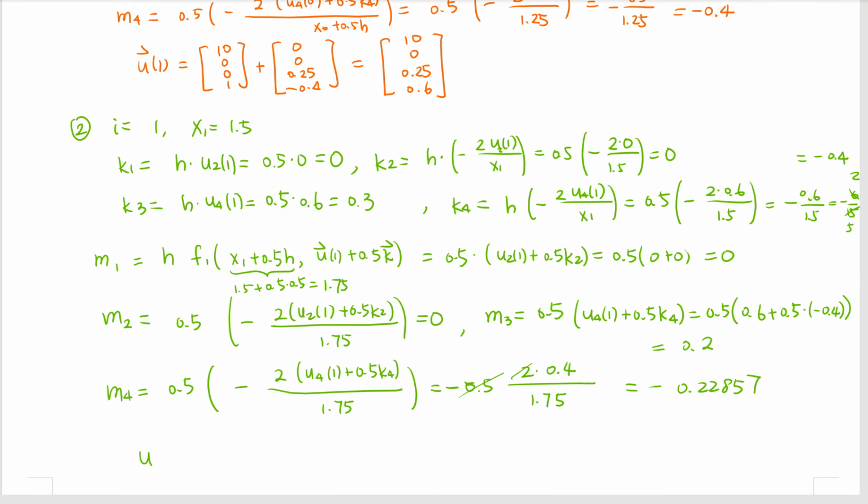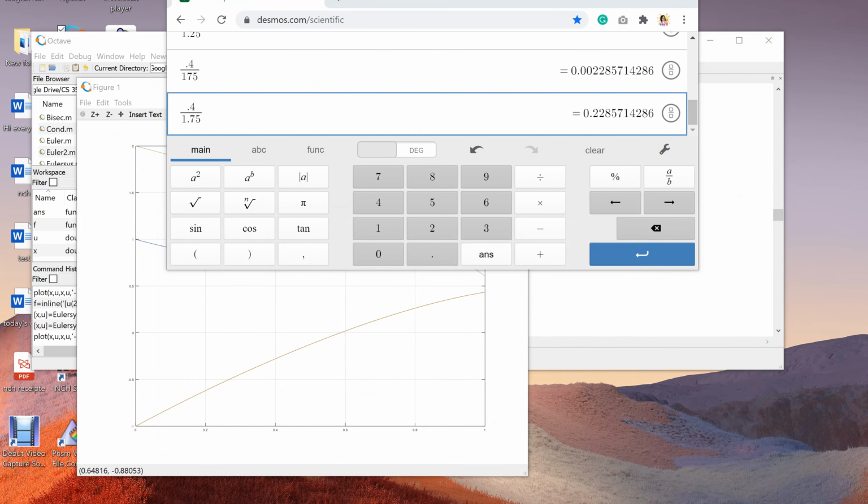Almost there. U2 is then U1, 1, 0, 0.6 plus this M. This M is 0, 0, and then 0.2, and then minus 0.22857. Okay, the first coordinate stays the same, 1, 0. Third coordinate becomes 0.45. And then the last one, calculator, oops.